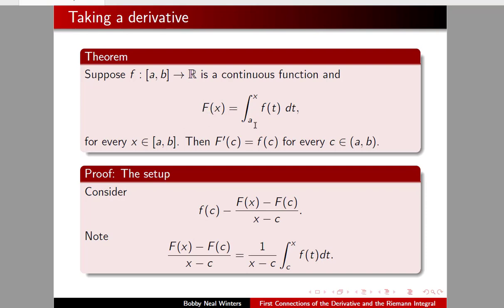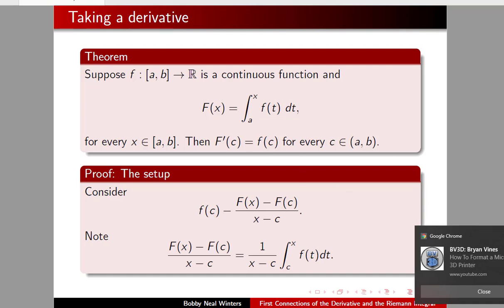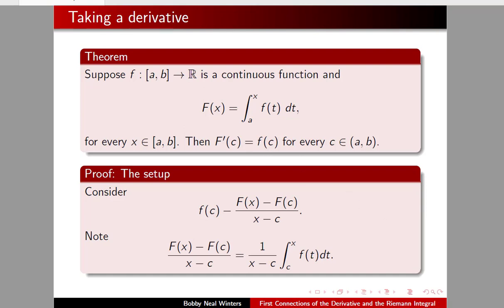Capital F(x) will be equal to the integral from a to x of little f(t) dt for every x in the closed interval [a, b]. Now, if we do this, then the derivative of big F evaluated at c is just the same as the integrand evaluated at c.